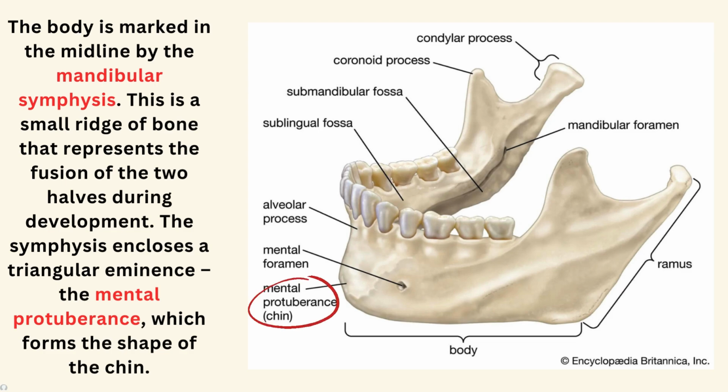That's why you cannot see the mandibular symphysis in the picture: after the full development of the mandible, the mandibular symphysis becomes the mental protuberance, which is the chin. Your chin is the mental protuberance.